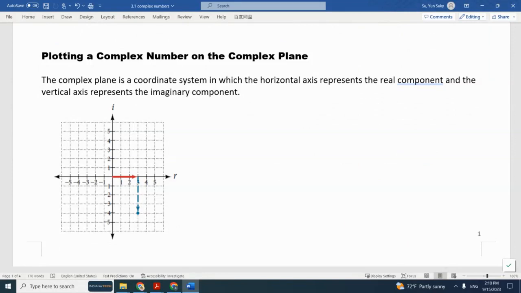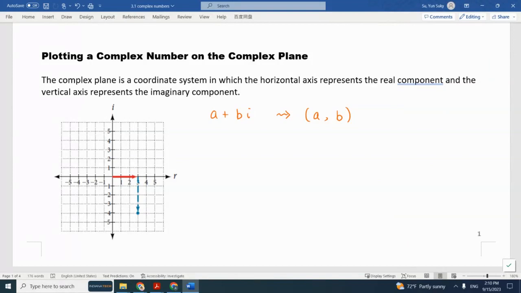Okay, so this is the complex plane. You know, a plus bi. On the complex plane, it has the coordinate (a, b). a is the real part. So the horizontal axis is your real part, and the vertical axis is your imaginary part.